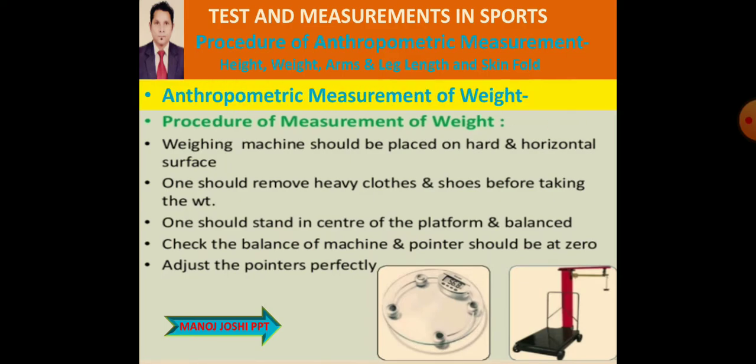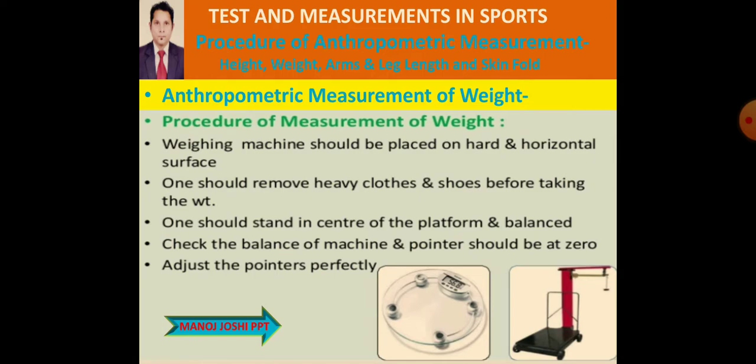So anthropometric measurements of measuring the weight. The weighing machine should be placed on a hard horizontal surface. One should remove heavy clothes and shoes before taking the weight. One should stand in the center of the platform and balance.